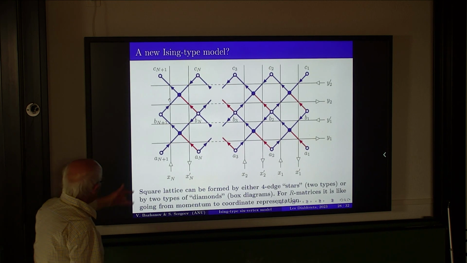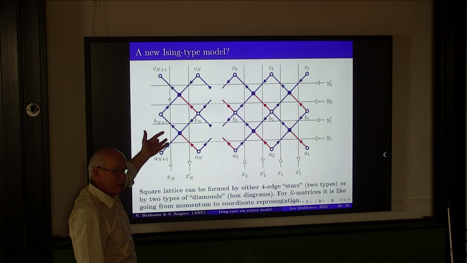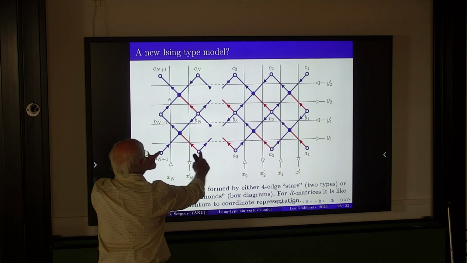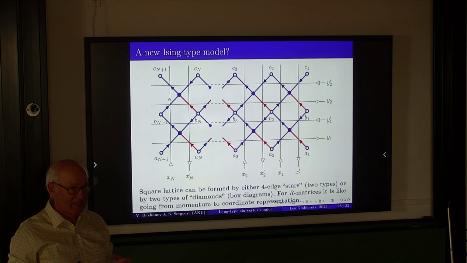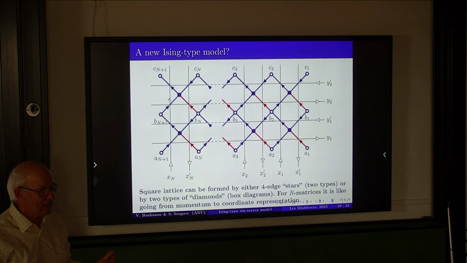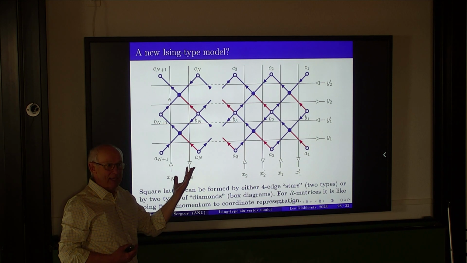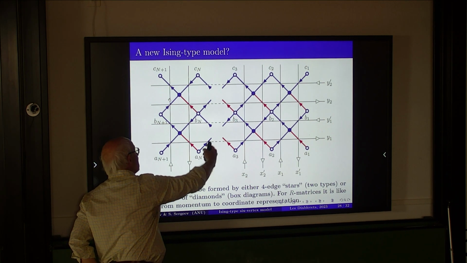If you look at this picture, the definition of our model: initially, we split the lattice into stars and worked with these stars. But the same model could have been defined if we split the lattice into diamonds.